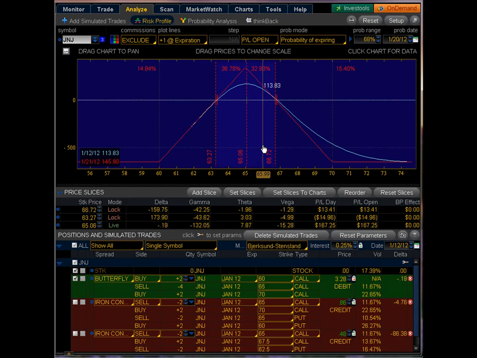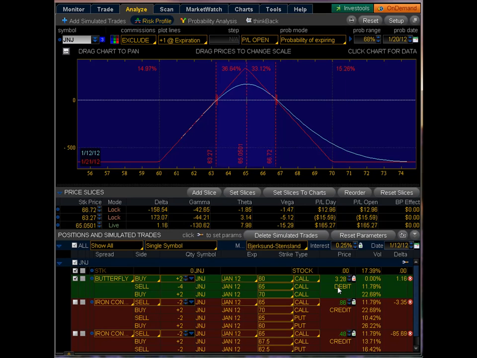If you were at $66 at expiration, you'd make $147. But if you were at 65, you can make $324. So there's a big range in how much you can make. Now, if you go outside the break-evens on expiration, then of course you could lose money, and the maximum you could lose is that $656 that we talked about.